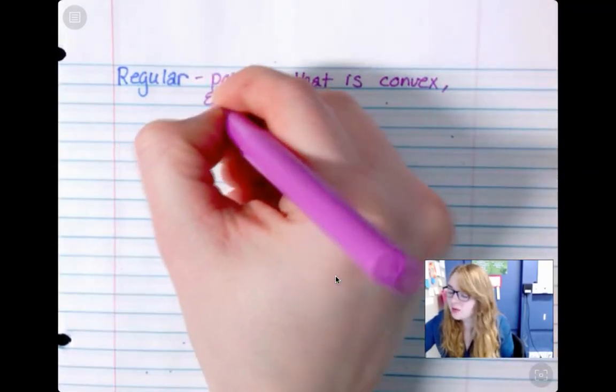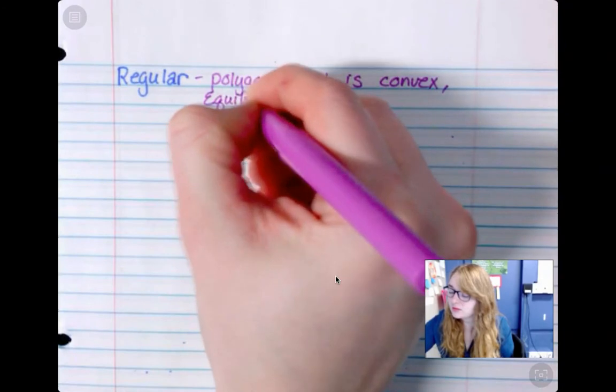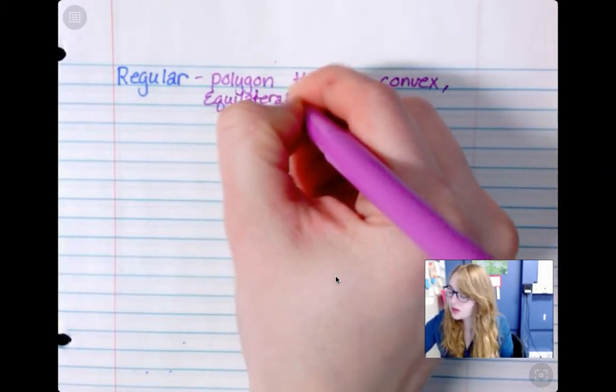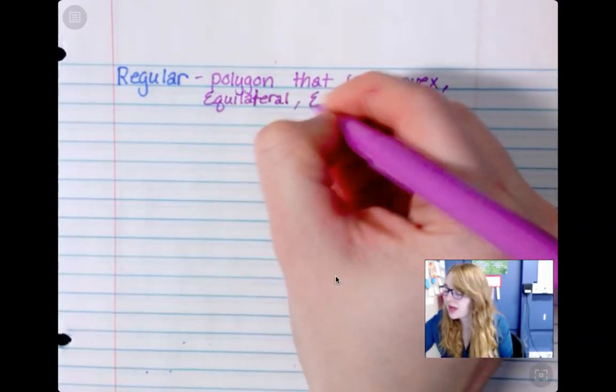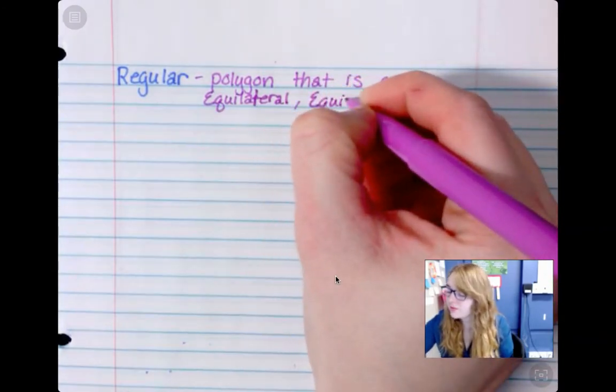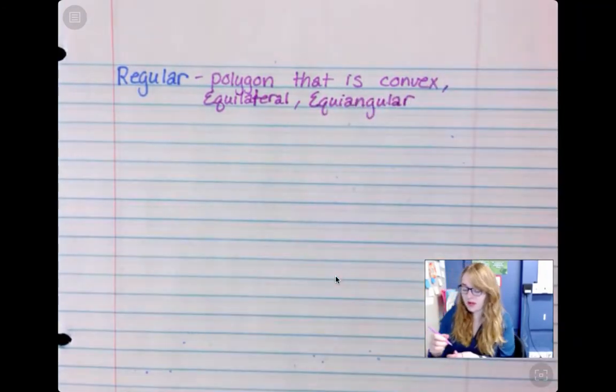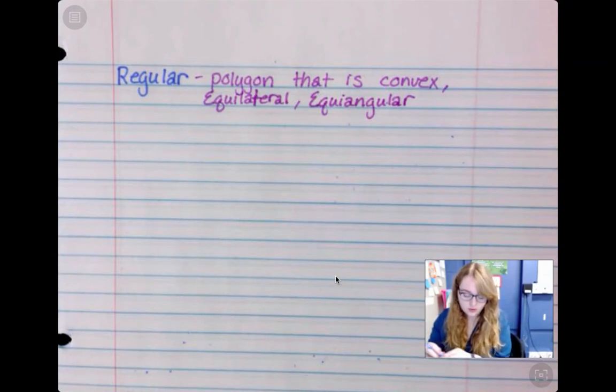It is equilateral, meaning all the sides are the same. And it is equiangular, meaning all the angles are the same. So let's go ahead and draw one of those.